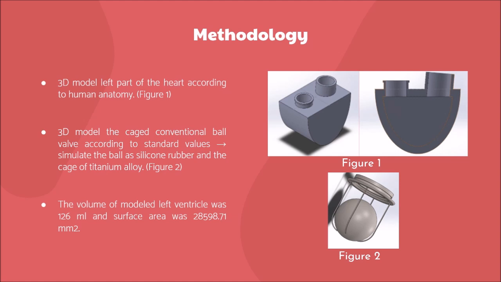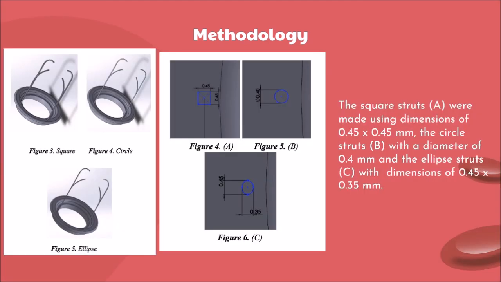As part of our work, a 3D model of the left part of the heart according to human anatomy was performed, as well as a model of the conventional caged valve according to standard values. This model was analyzed with 3 different designs for the cross-section of the struts: circles, squares, and ellipses.